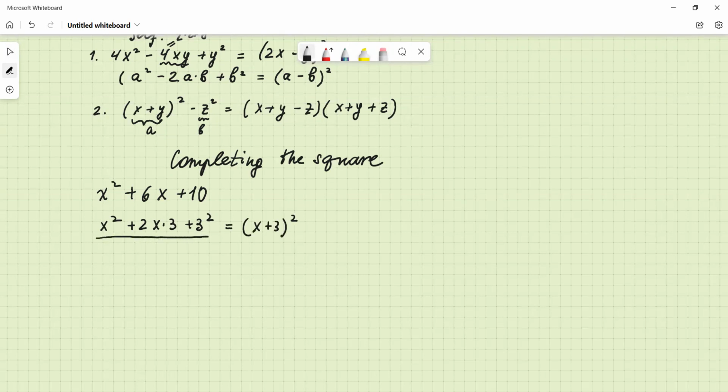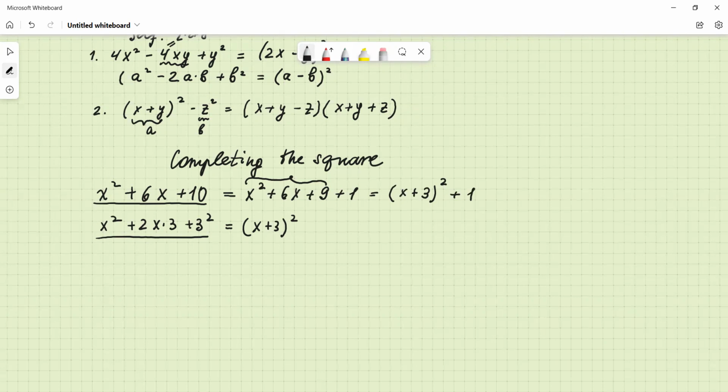But the expression over here is not the same as the expression over here, because 3 squared is 9 and we have 10. What we can always do is represent this 10 as 9 plus 1, and we have x squared plus 6x plus 9 plus 1. The first trinomial is going to make a perfect square, which is this (x plus 3) squared, which we already had, right? And the last term is just going to stay. This is called completing the square.